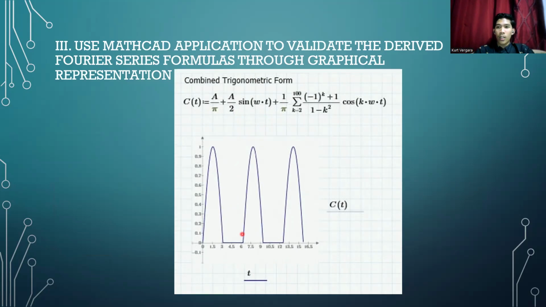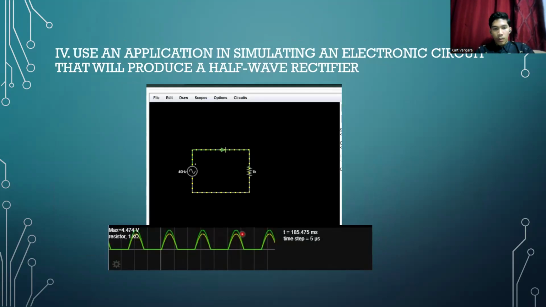There is an additional way to know if your equation is correct. Next, use an application in simulating an electronic circuit that will produce a half-wave rectifier. So in your electronics subject, we all know that this is the configuration of a half-wave rectifier.